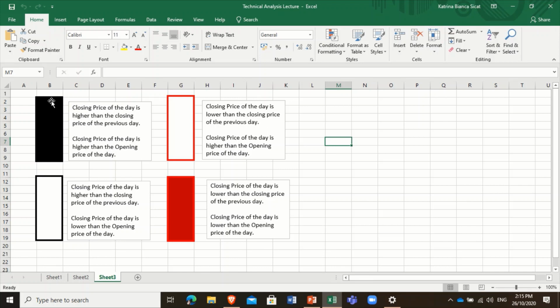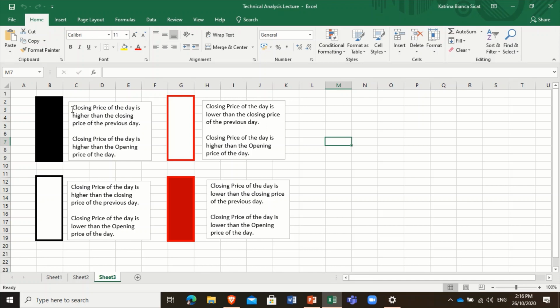Okay? So mag-start tayo dito sa black candlestick. So merong qualifications for each candles. Okay, tandaan natin, meron kang kailangang i-prove na qualification before you can say that a particular candle is considered as any of these 4. Okay? So, tignan natin mabuti. For a black candlestick, the closing price of the day is higher than the closing price of the previous day.